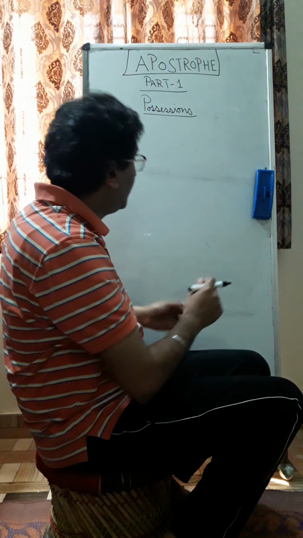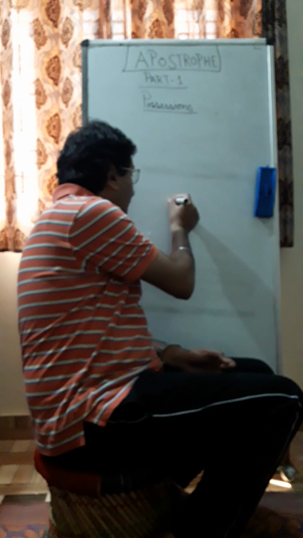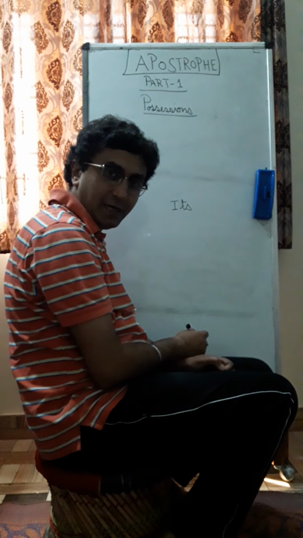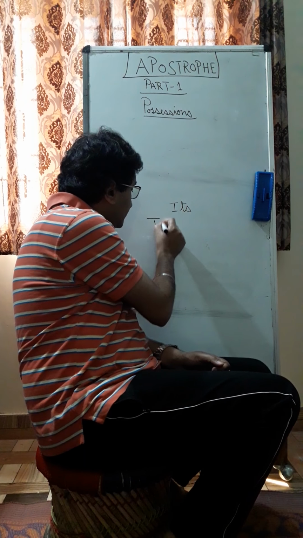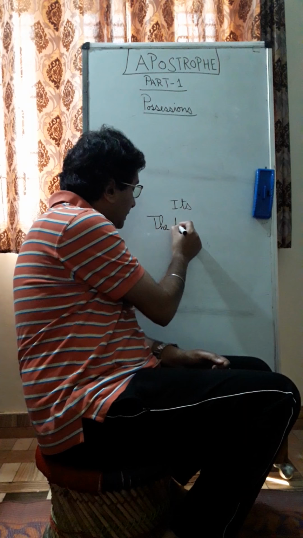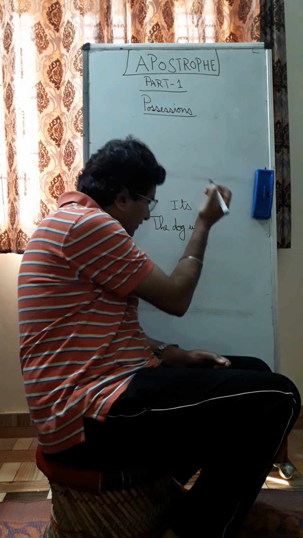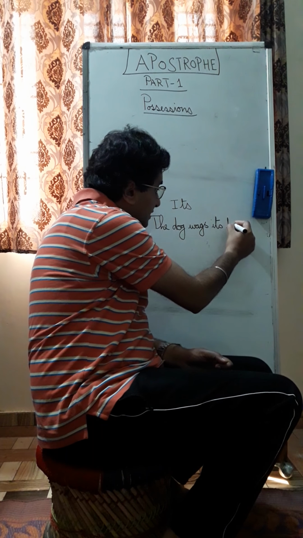Now, also remember the pronoun it. If I say its, right, there is no apostrophe. So for example, if I say the dog wags its tail.